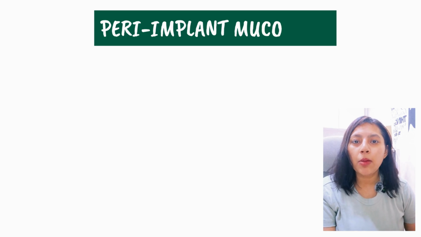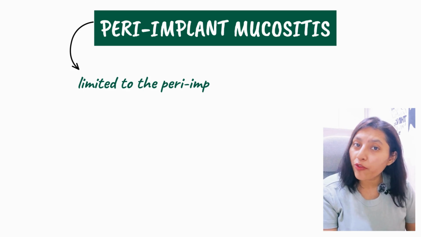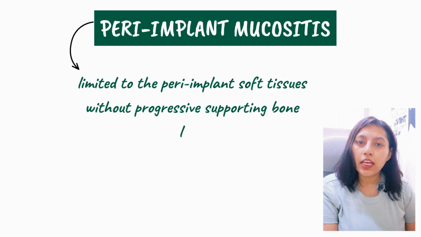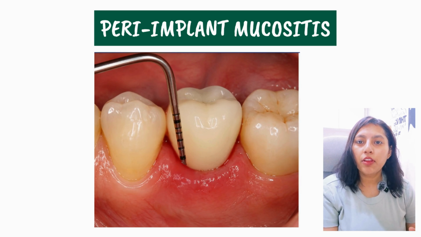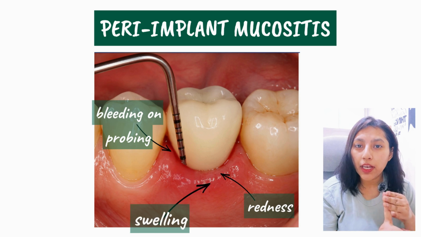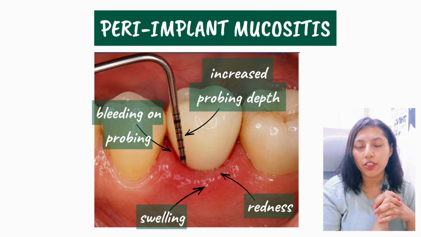Next comes peri-implant mucositis. This is an inflammatory lesion limited to the peri-implant soft tissues without progressive supporting bone loss. Clinically, a patient may present with bleeding on probing, redness, swelling, and increased probing depth due to tissue inflammation.